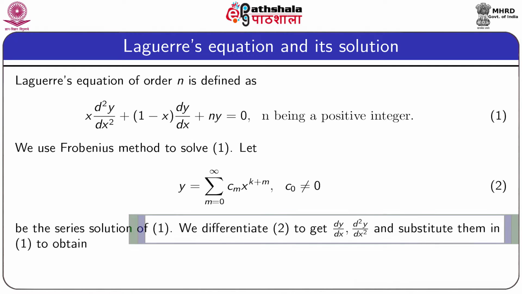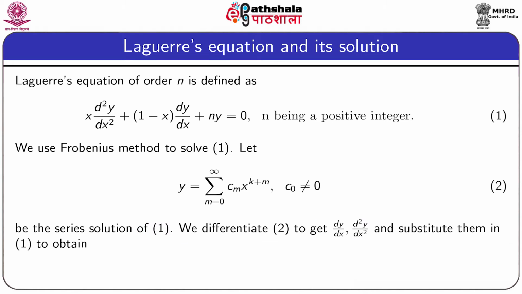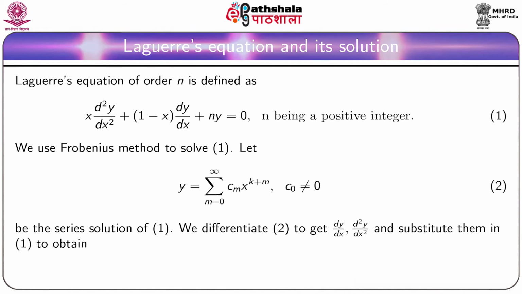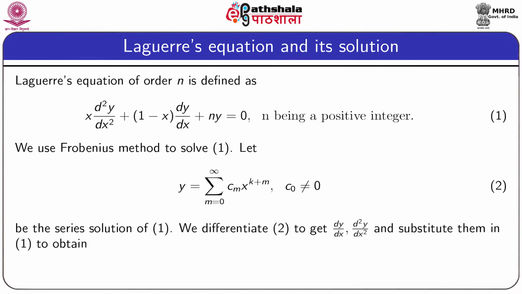We differentiate equation 2 twice to calculate dy/dx and d2y/dx square, and if you do that, you will get dy/dx equal to summation of (k plus m) C m x to the power k plus m minus 1 and d2y/dx square as summation m equal to 0 to infinity (k plus m)(k plus m minus 1) C m x to the power k plus m minus 2.